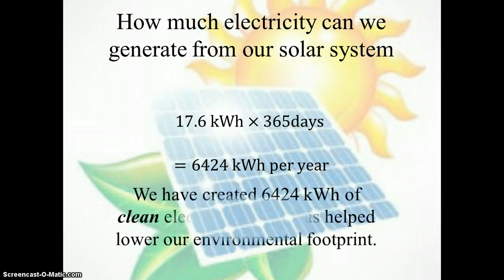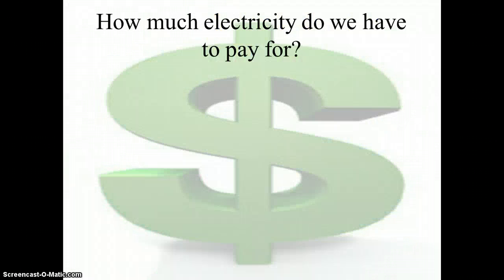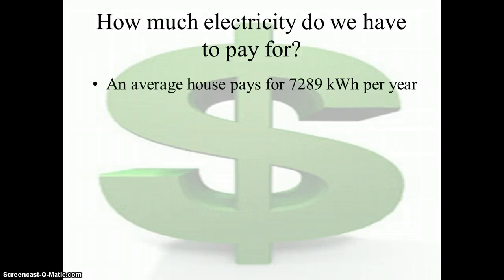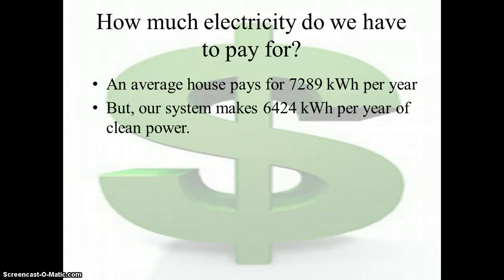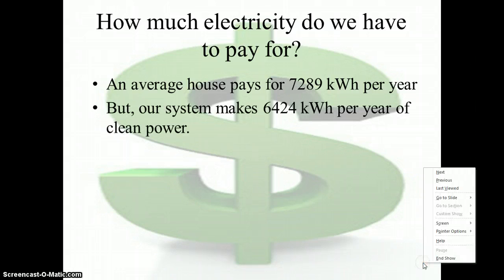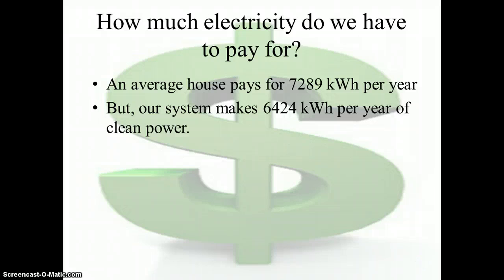So we have now created 6424 kilowatts of clean energy, which has helped lower our environmental footprint. So how much does our electricity now cost for a year? So an average house pays for 7289 kilowatts per year, but our system makes 6424 kilowatts per year of clean power.